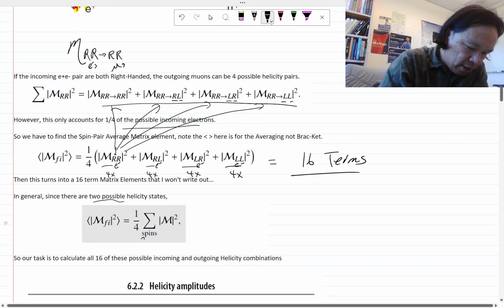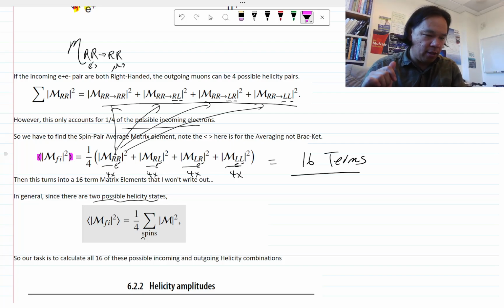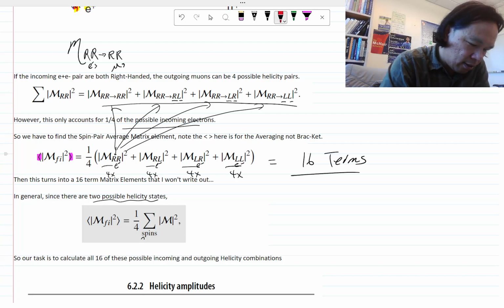So in general, when there are 2 possible helicity states, I just want to make sure to highlight that this little bracket around here is the indication of averaging, not bra-ket notation.